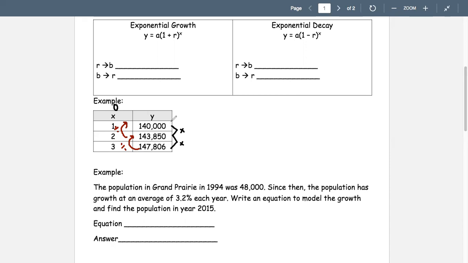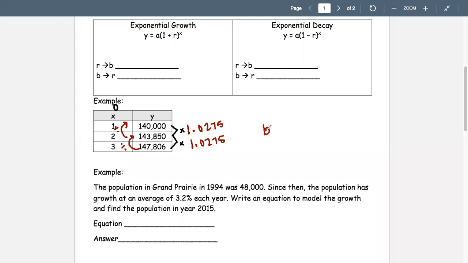If you're just sitting there waiting for people to give you the answer, use your calculator, start doing something. Awesome, 1.0275. So it's multiplying by 1.0275 each time to get to my next term. It is important you know how to do this yourself instead of waiting on someone to give us the answer. I did it by doing 143,850 divided by 140,000.